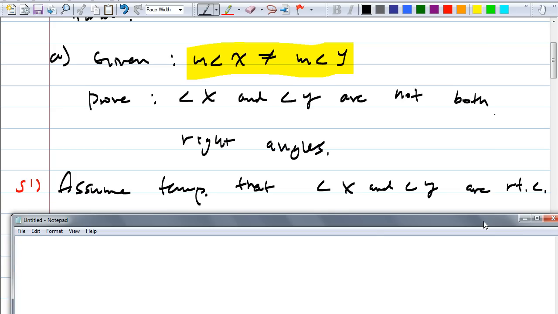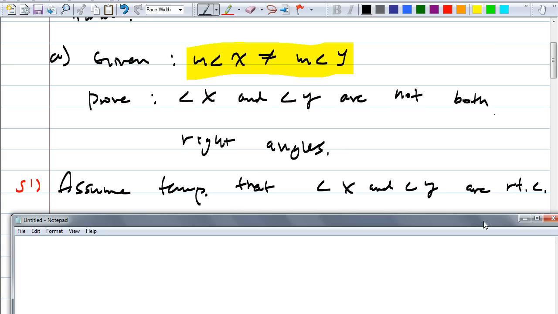We need to now reason logically until you reach the contradiction of the known fact, which is that the measure of angle x does not equal the measure of angle y. No, we're assuming that both x and y are right angles. So then what can you say next from here?